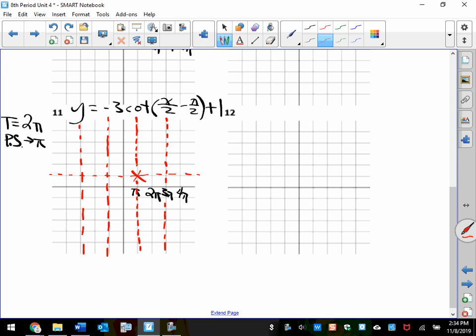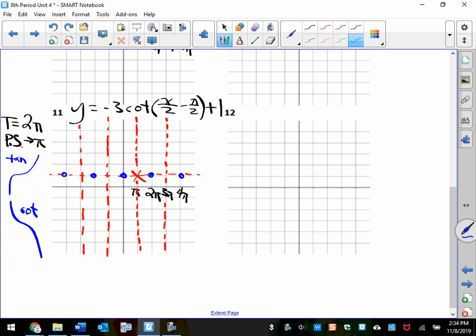Secant and tangent are on either side of the center point. Let's put points right in between the vertical asymptotes. Tangent looks like this, and cotangent goes down on the right and up on the left.